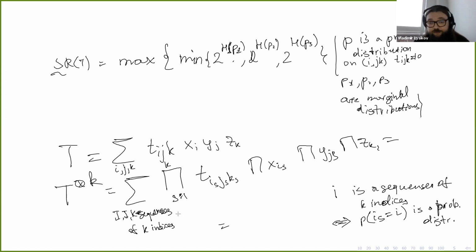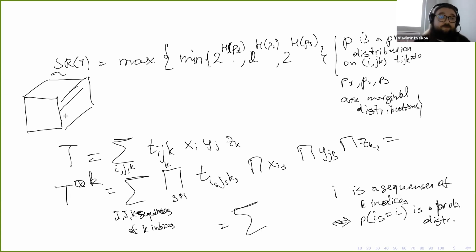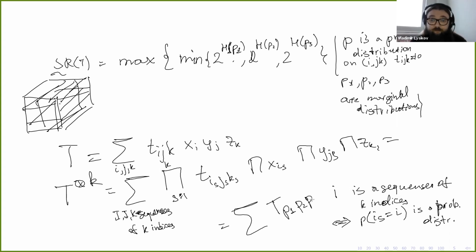So we can separate all sequences by the probability distribution, and in this way, this large tensor T to the power of k, which is a box of numbers, can be structured as a sum of smaller tensors, each of which corresponds to a triple of probability distributions, T, P1, P2, P3.